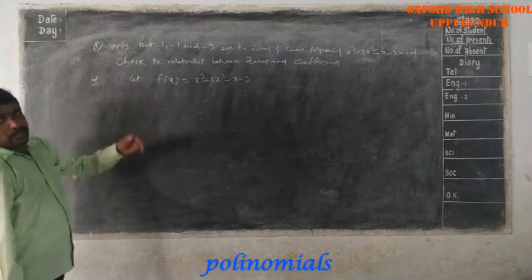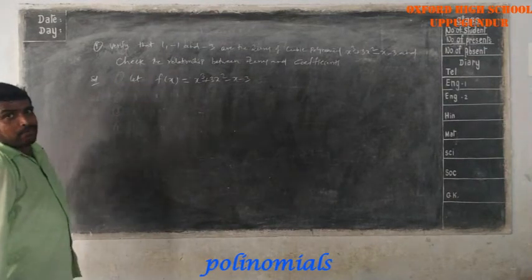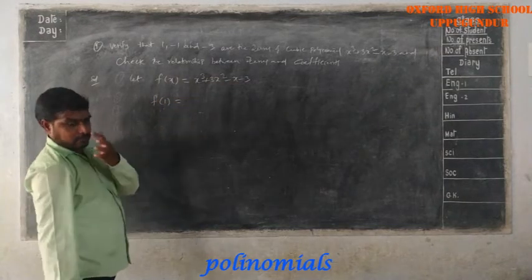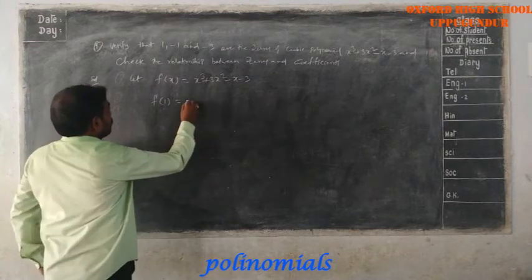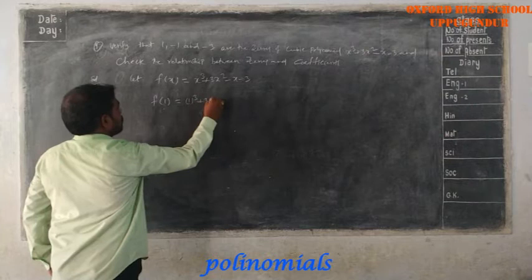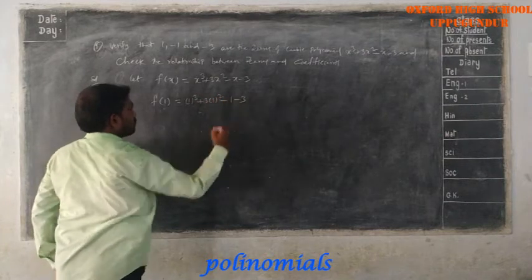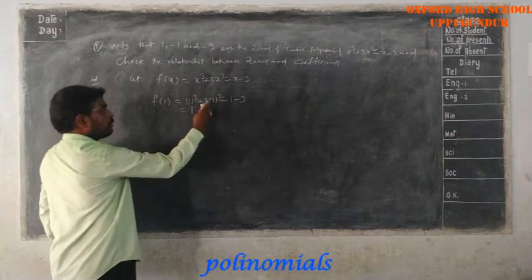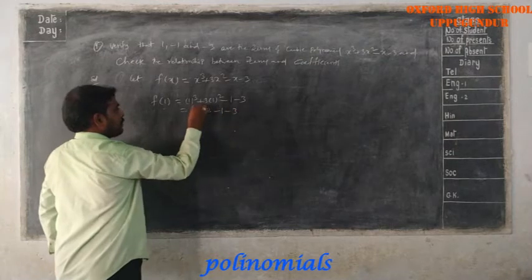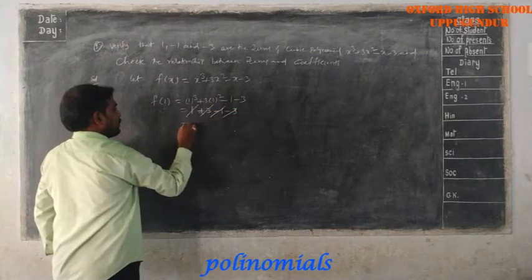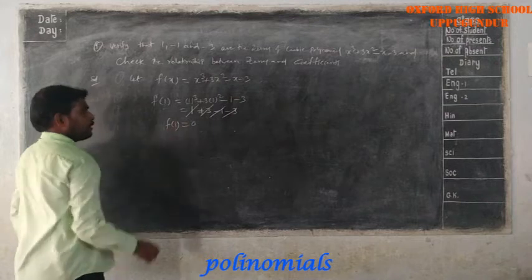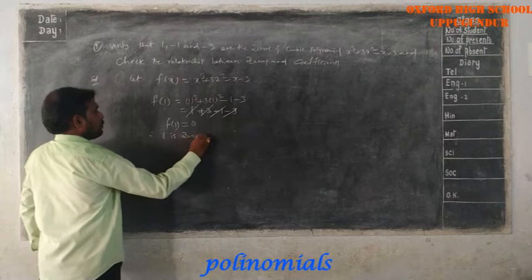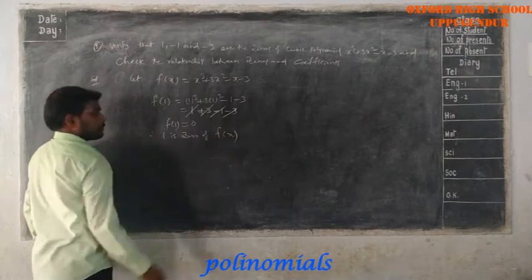If 1 is a zero of the polynomial, you have to find f of 1. f of 1 equals 1 cube plus 3 into 1 square minus 1 minus 3. 1 cube is 1, plus 3 into 1 square, 1 into 3, 3, minus 1 minus 3. Plus 1 minus 1, plus 3 minus 3 cancel, 0. So f of 1 equals 0. Therefore 1 is a zero of f of x.